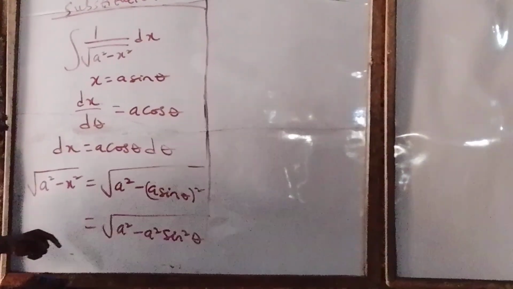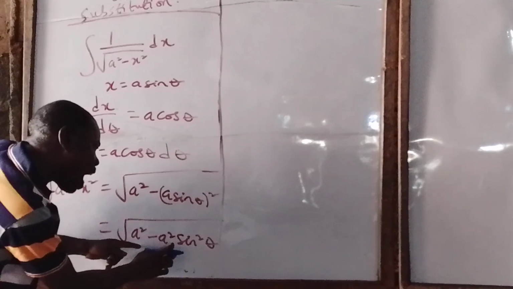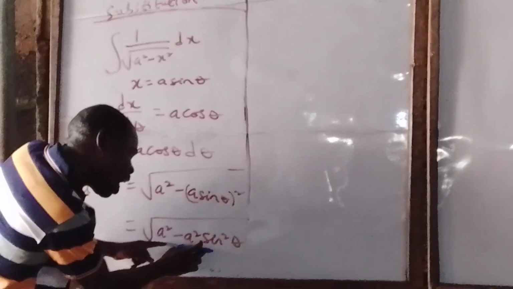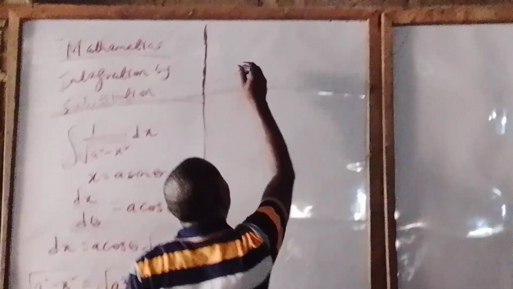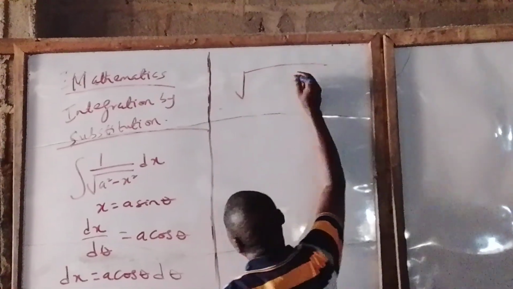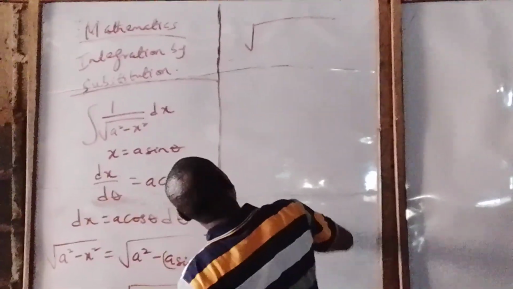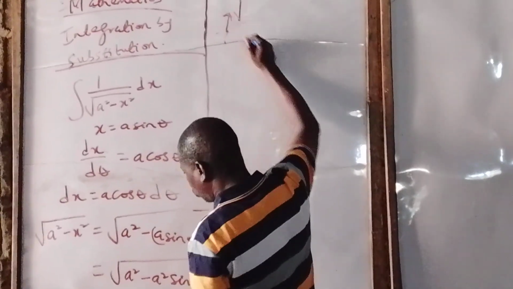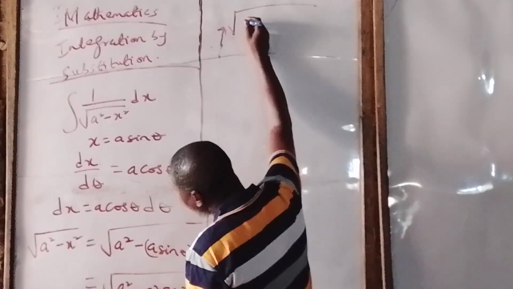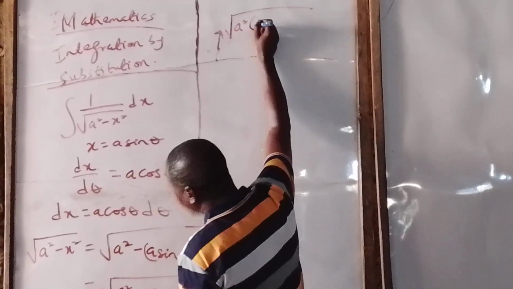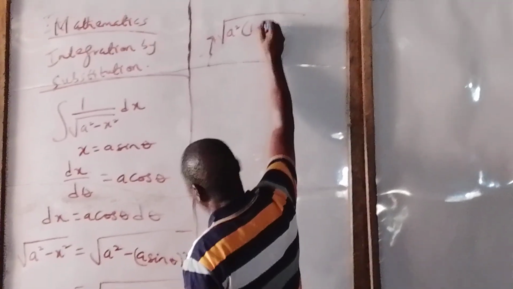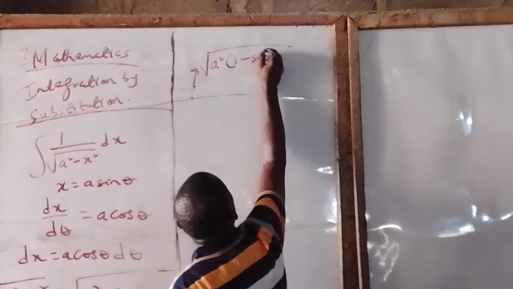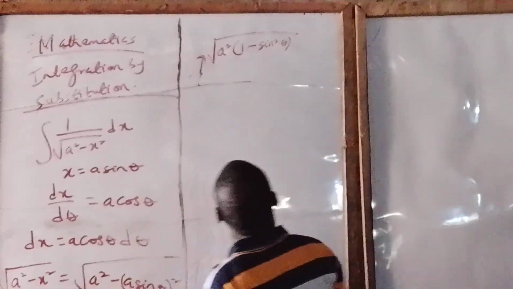The next line of action is to factor out a squared. If I bring out a squared here, I will be left with just 1 minus sine squared theta.